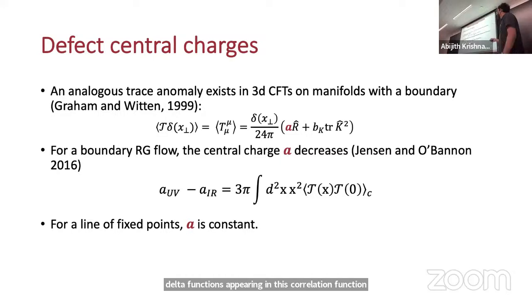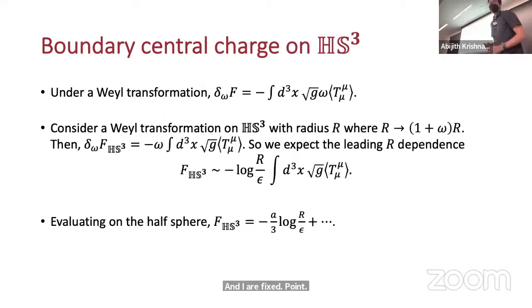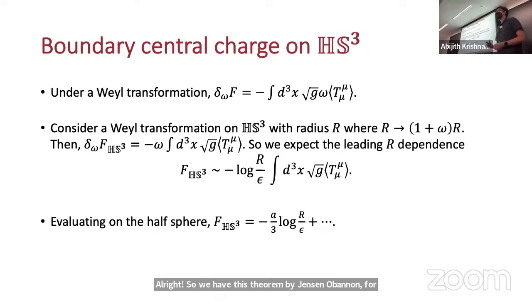Moreover, if we have a line of fixed points, A must be constant, because each of the points along that line of fixed points is both a UV and IR fixed point. All right, so we have this theorem by Jensen and O'Bannon for 3D CFTs, and we want to check that our results match up with that a-theorem.